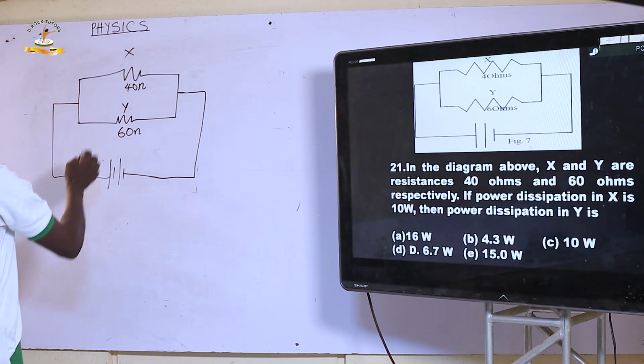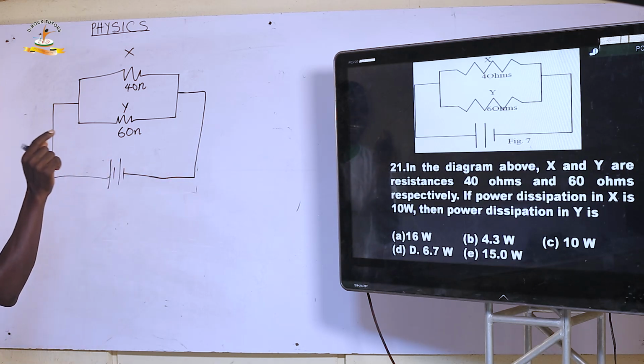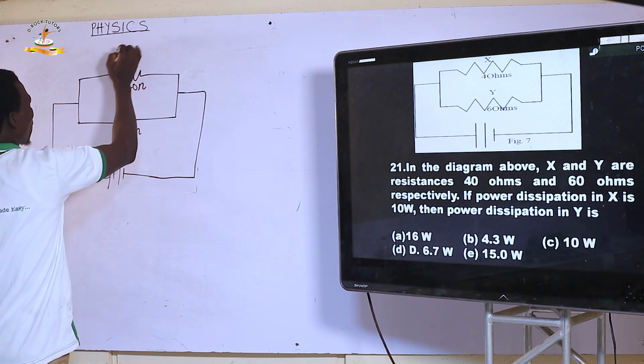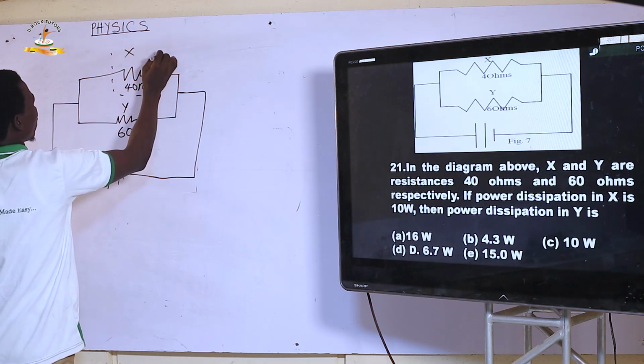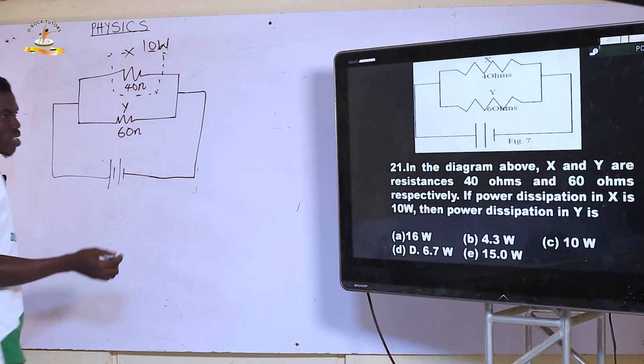We're told only one thing: that the power dissipation in X is 10 watts. But what is power?